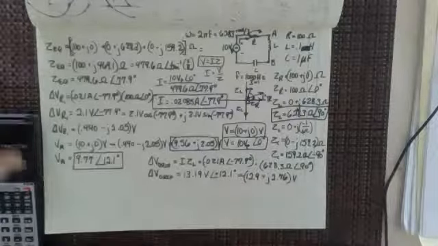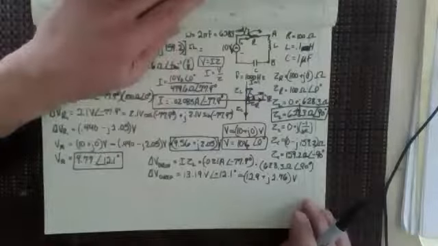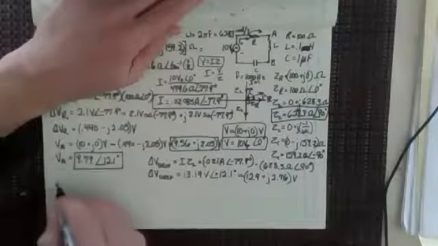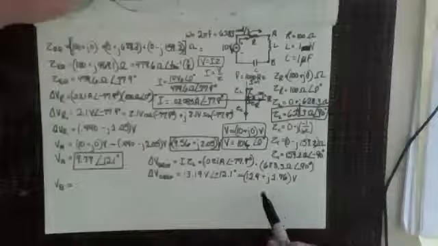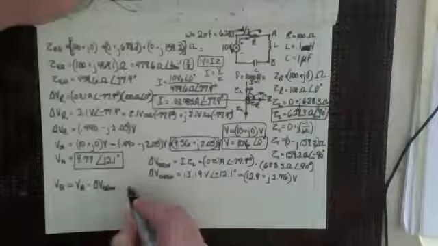We're talking about voltage, and that's going to be our voltage drop. So what is my voltage at B? My voltage at B is going to be the voltage at A minus the voltage drop across the inductor. So the voltage at A minus the voltage drop across the inductor, right?